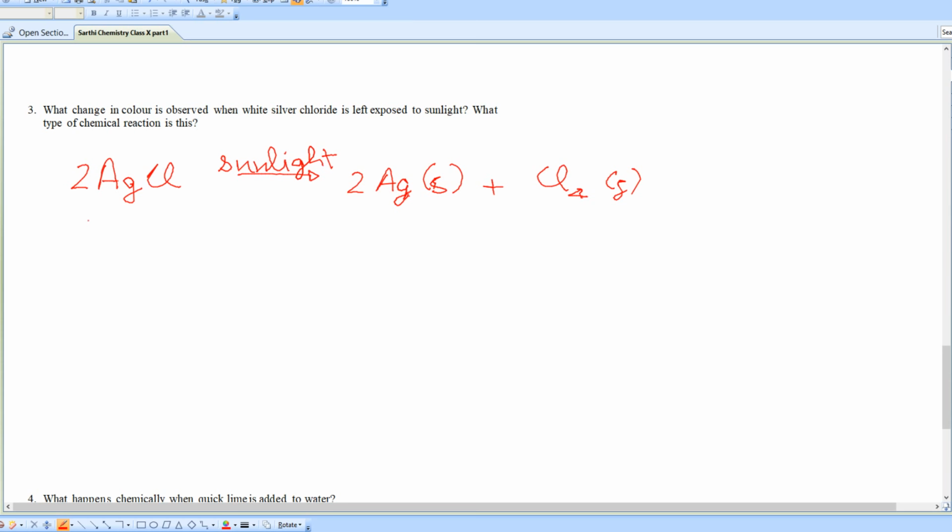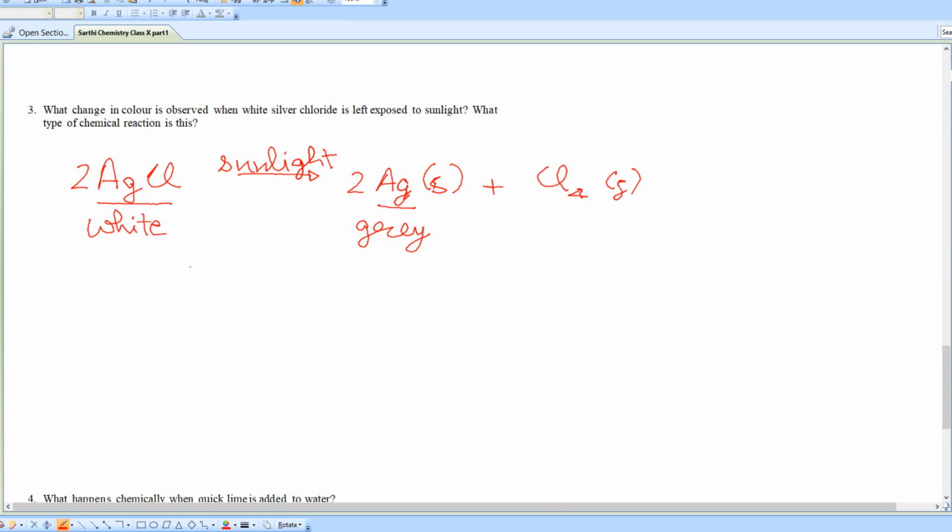So this silver chloride, which is white in color, what change in color is observed when it is left exposed to sunlight? This white colored silver chloride turns gray due to the formation of silver. Now, of course, this is a decomposition reaction because a single substance is breaking to form two simpler substances.